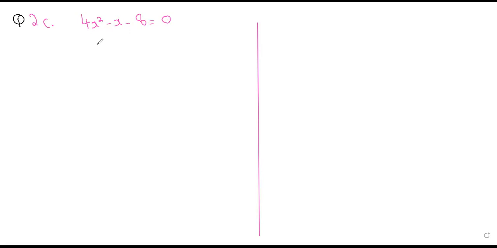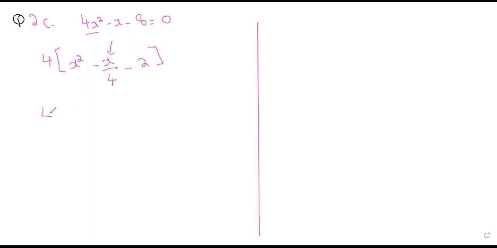In order to do it, step 1 is to separate this. I'll take 4 out, and this would be x squared minus x by 4 minus 2.